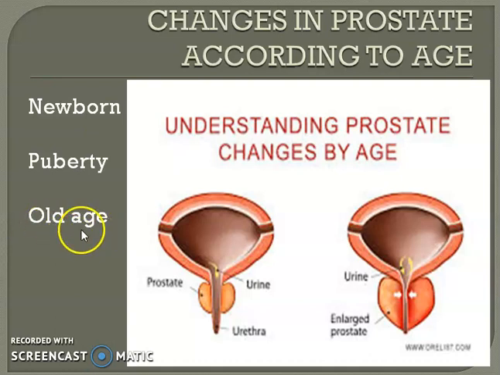Whereas in old age, there are two extremes of change which can be observed. The prostate may progressively increase in size, as seen in this diagram, or it undergoes atrophy.